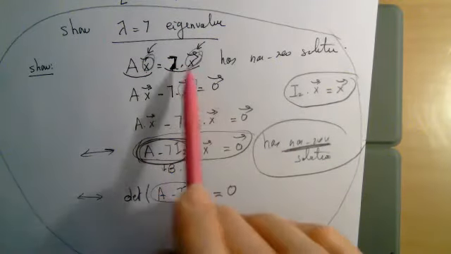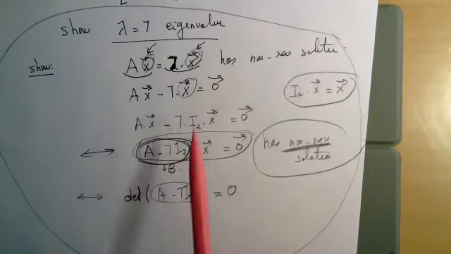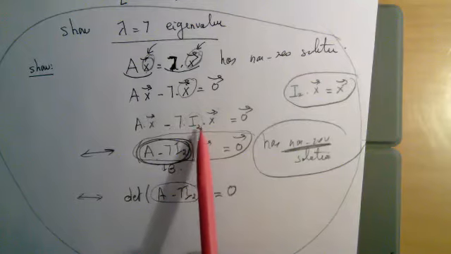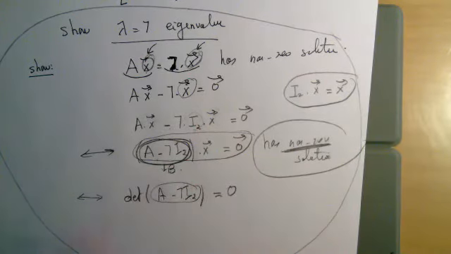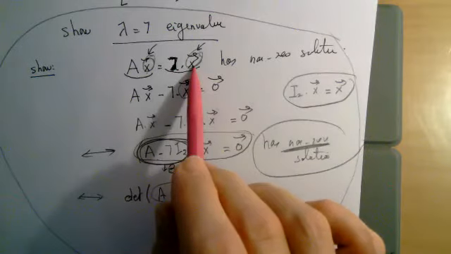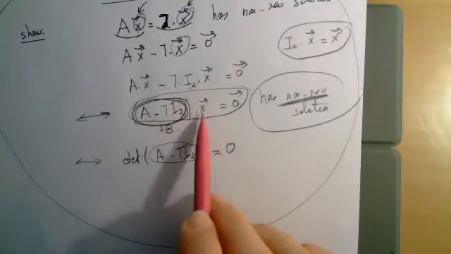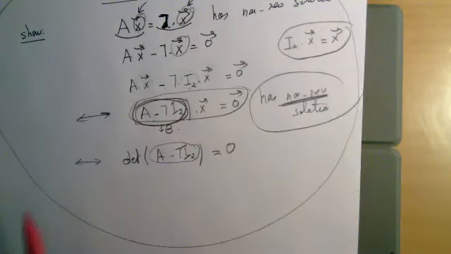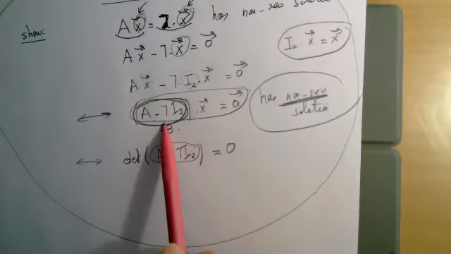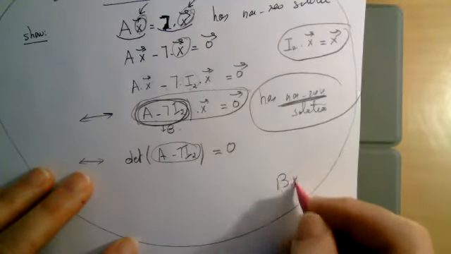Then I manipulate it. I turn this system into a homogeneous system, and I had to introduce the identity to write it properly as a homogeneous system. So solving this system boils down to solving the system A minus 7 times I2 times x equal to 0. And then I told you I want to write this in terms of determinant. That's a homogeneous system, Bx equal to 0.